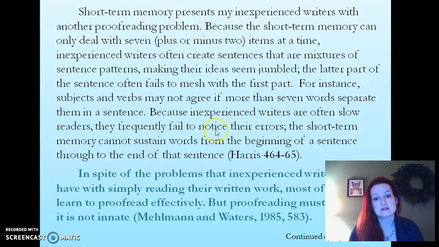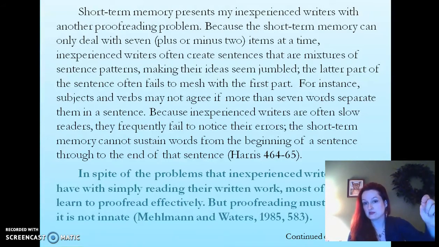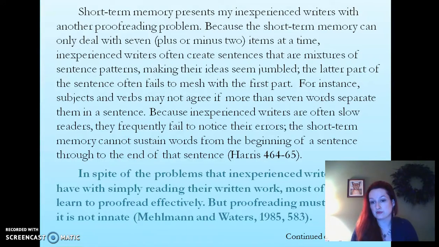So we've got this setup here that short-term memory creates these problems with proofreading for inexperienced writers. Then we've got a transition here. In spite of those problems, referring back to the previous paragraph, most people can learn to proofread effectively, but it's not innate. It has to be taught.